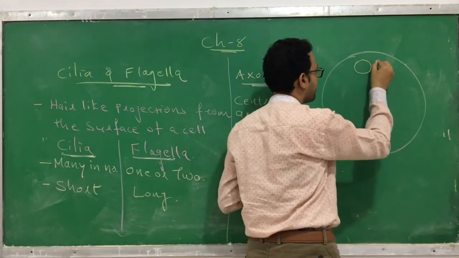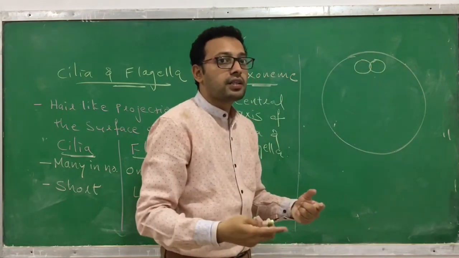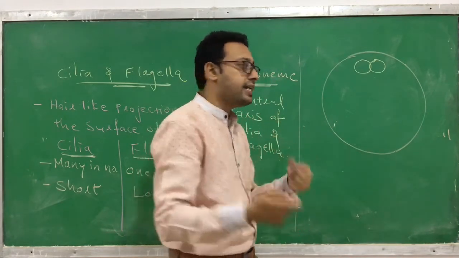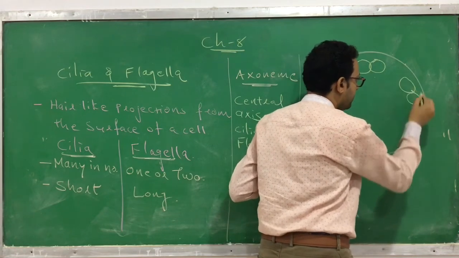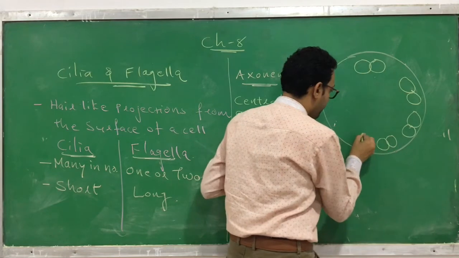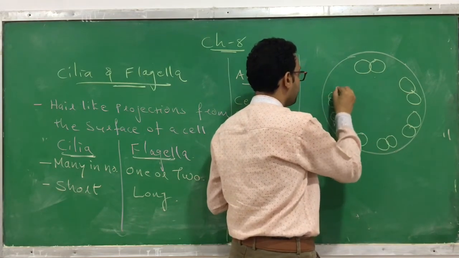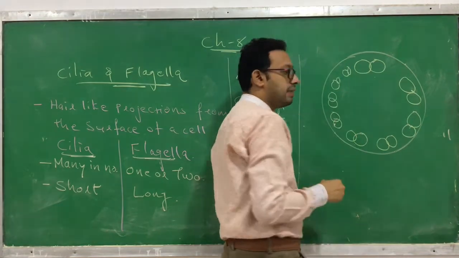How many doublets are present? There are 9 doublets. This is the first, second, third, fourth, fifth, sixth, seventh, 8, 9. Okay, 9 doublets are present.